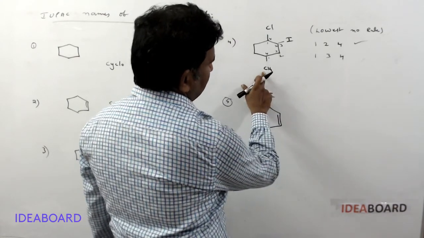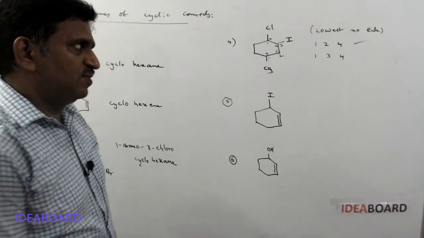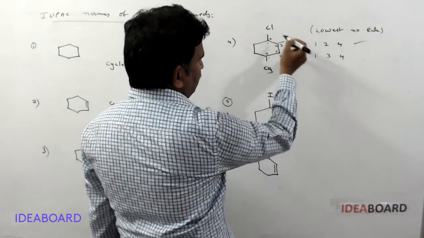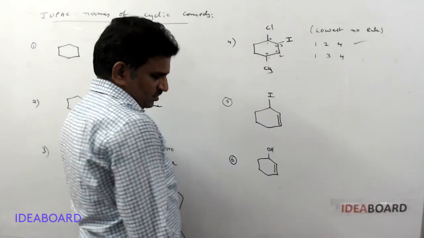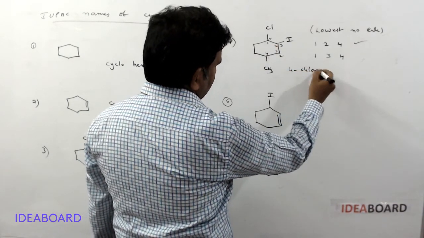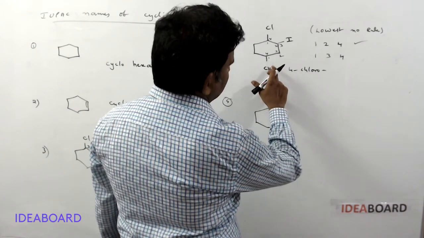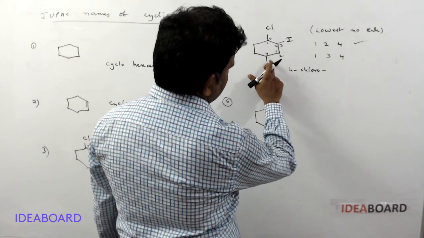So we are getting a methyl group. This is chloro and this is iodo. While writing, you follow alphabetical order. So chloro, iodo, methyl, means chlorine will come first. So what is the correct order? Yes.